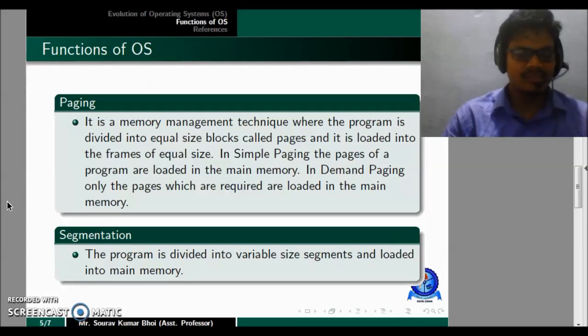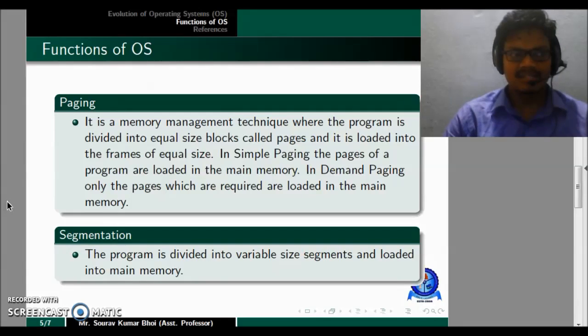So paging is a memory management technique. Whenever we are executing a program, a program consists of many parts. In the paging technique, the program is first divided into pages, equal size blocks. Suppose you have written a program in a C compiler, and it is 20 bytes.